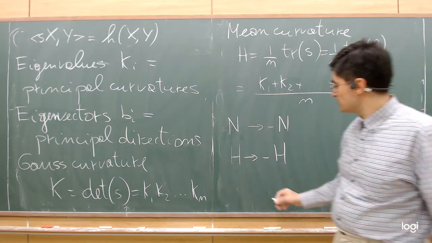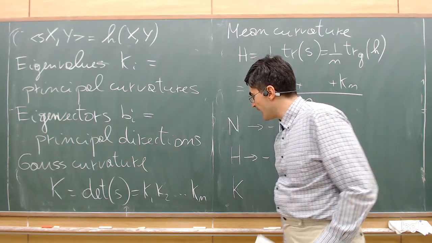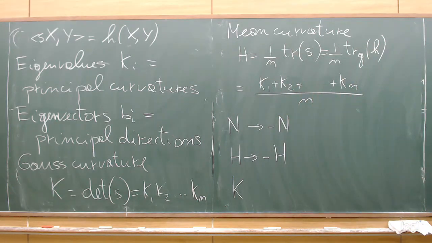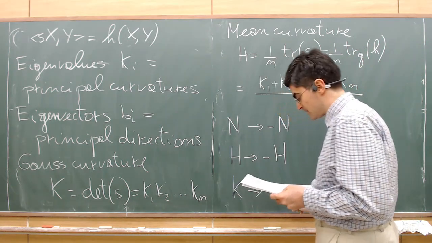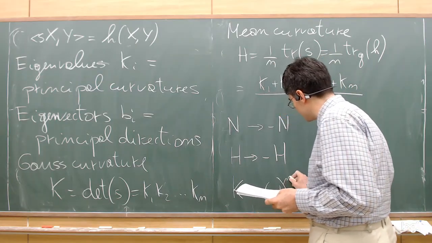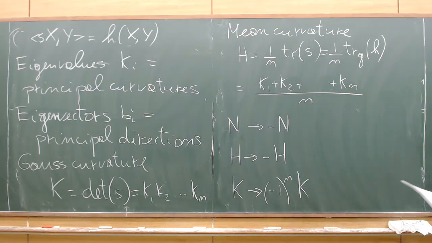Instead, the sign of K changes only if the dimension is an odd number. So K becomes minus 1 power n times K.